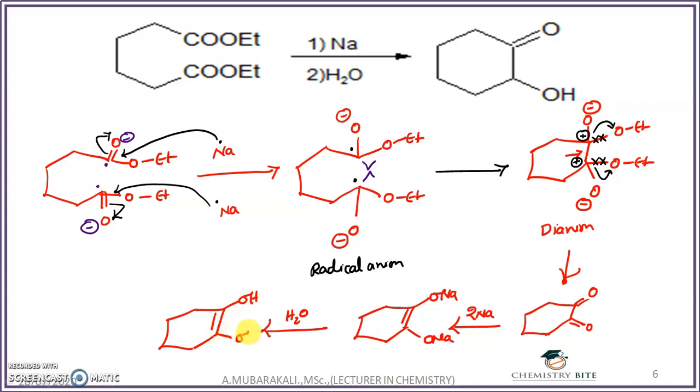So the sodium will be replaced with the hydrogen. So finally, after keto-enol tautomerism, one of the hydrogens will be transferred to the carbon, and you will get an acyloin. So you can see this is an alpha hydroxyketone.